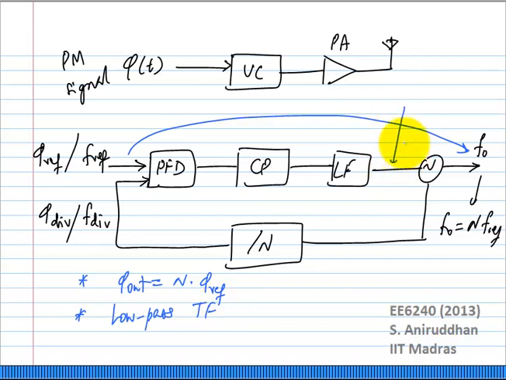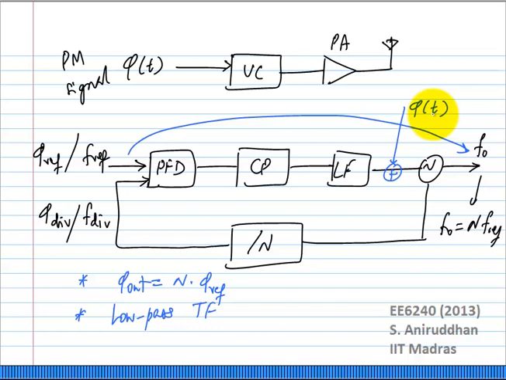So he says at the input of the VCO, I can give a phi of t. Will that work? What is the transfer function from the input of the VCO to the output of the VCO in the closed loop form? It is a high pass transfer function.